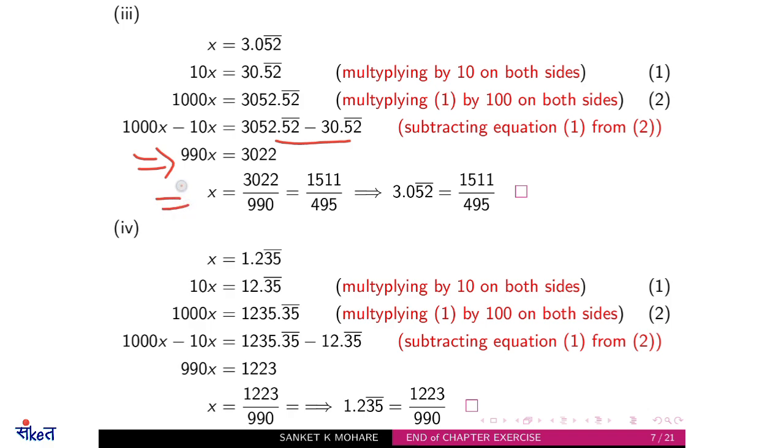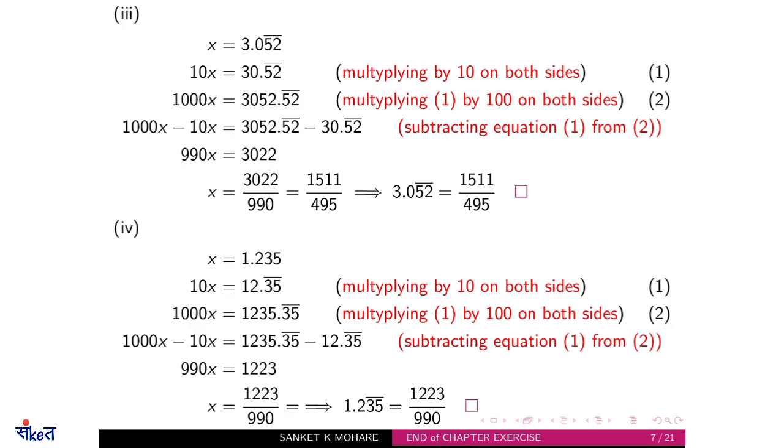This implies x is equal to 3022 upon 990. Now dividing numerator and denominator by 2, we obtain the reduced form, which is 1511 upon 495. Therefore, 3.0 bar 52 is equal to 1511 upon 495. This is the form of P by Q for the decimal number.